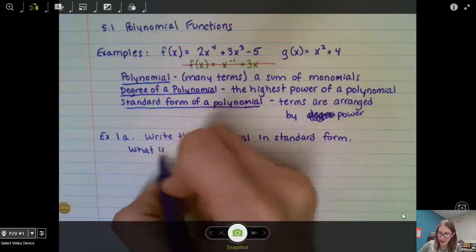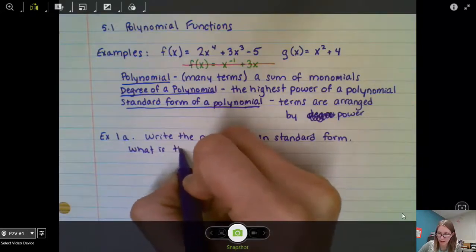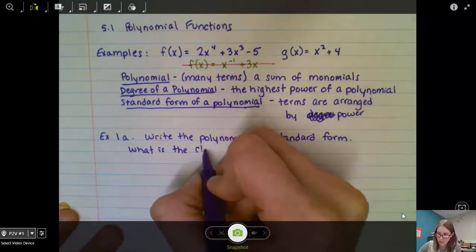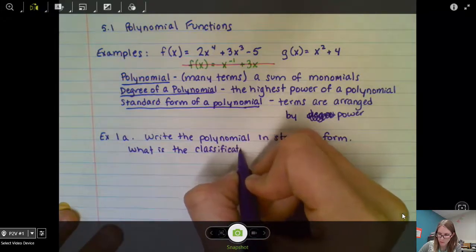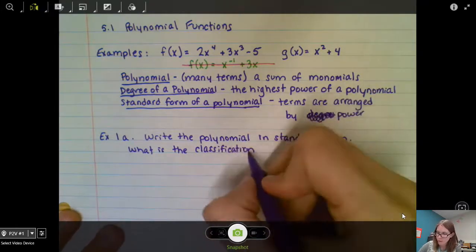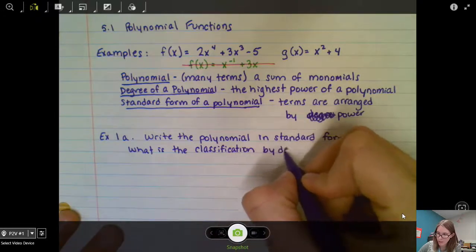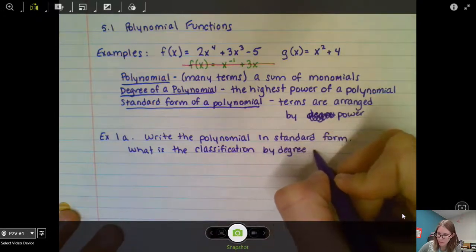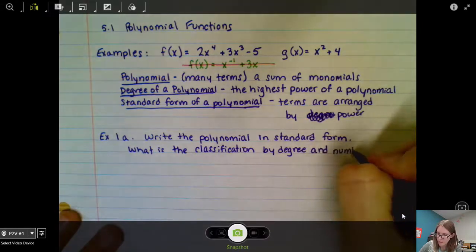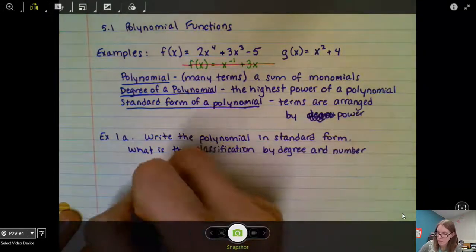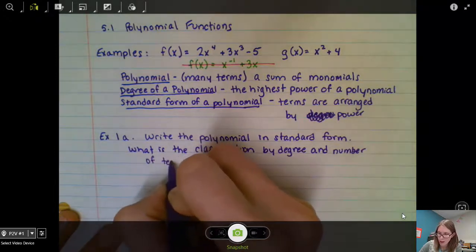And we're also going to answer this question. What is the classification by degree and number of terms?